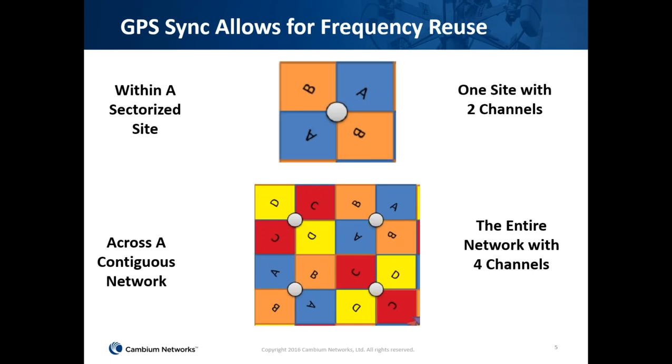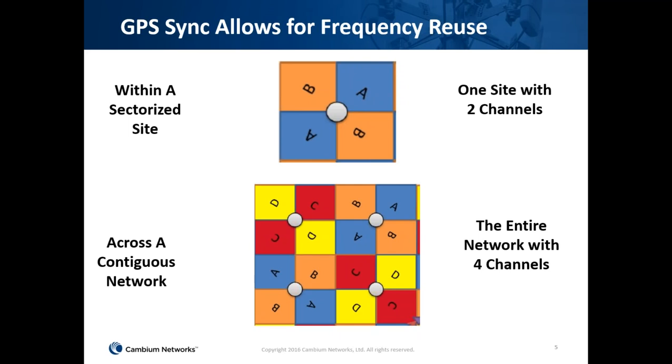So moving on. This is a bit of a follow-on to our discussion a moment ago about frequency reuse. You can see what I was attempting to describe in the top site. We have, say, the tower in the middle providing 360 degrees of coverage, and each one of those squares is a 90-degree sector.